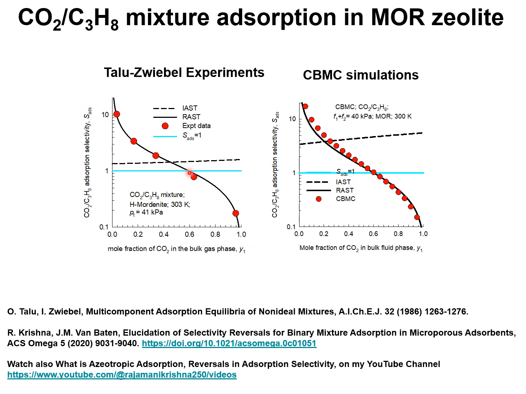At this point, we have azeotropic adsorption at a mole fraction of 0.6 for CO2 in the bulk gas phase mixture. In order to understand the selectivity reversal phenomena and the occurrence of azeotropic adsorption, we conducted configurational bias Monte Carlo simulations for mixture adsorption in Mordenite zeolite.